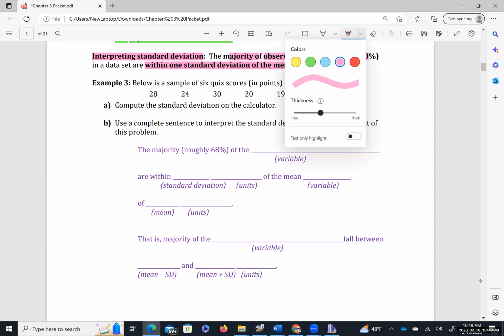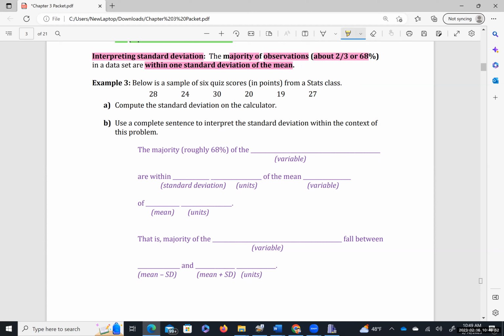So let me use another color. Below is a sample of 6 quiz scores again, right? And I think we did it with our calculators in example number 1.